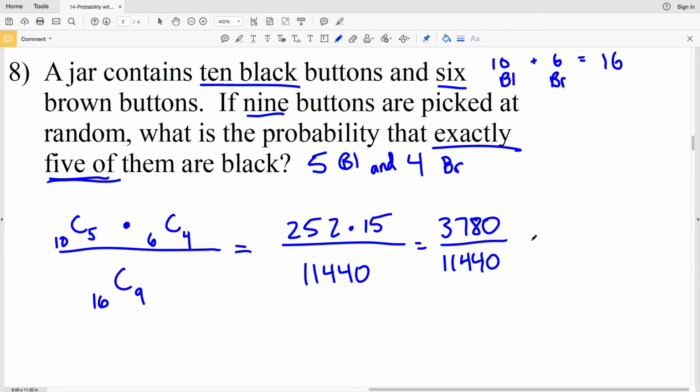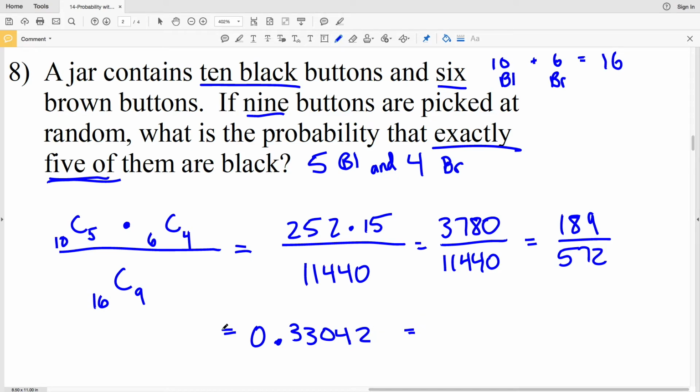Now both of these are divisible by 20, so we can simplify this fraction, dividing both by 20. 3,780 divided by 20 is 189, and 11,440 divided by 20 is 572. Writing that number in decimal form, 189 divided by 572 is equal to 0.330419, which rounds to 0.33.